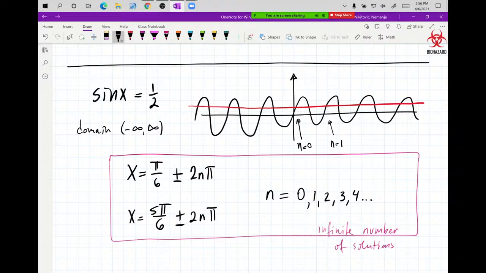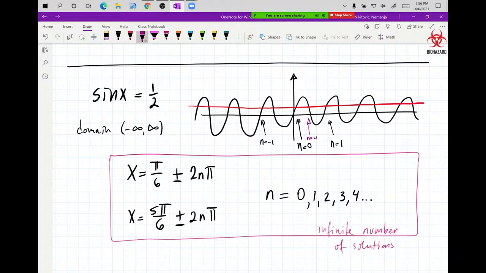They also go negative. If you pick a minus sign and 1, you go one period before, right there, one period to the left, and you get n equals negative 1. And then you have negative 2, negative 3, and so on. For 5 pi over 6, that's the other solution, right there.